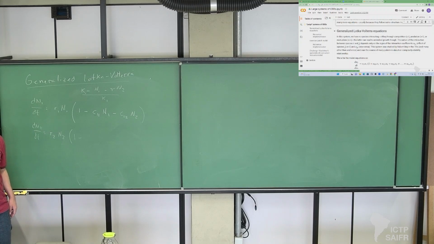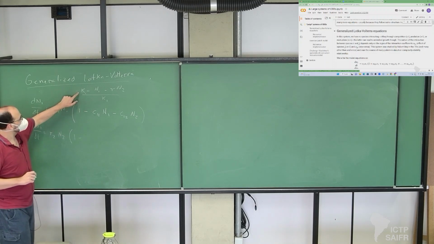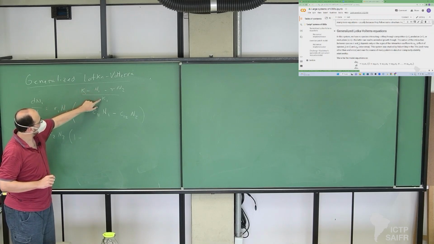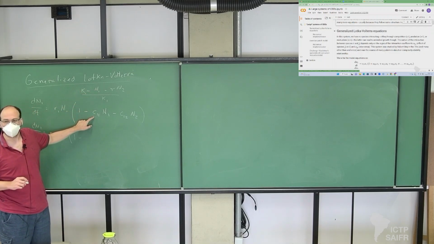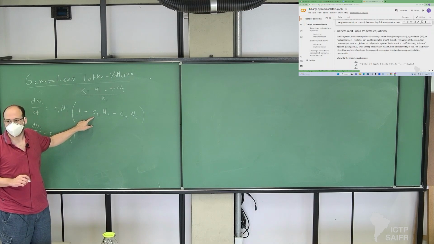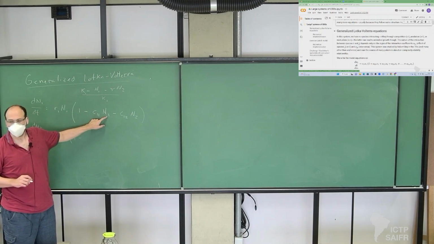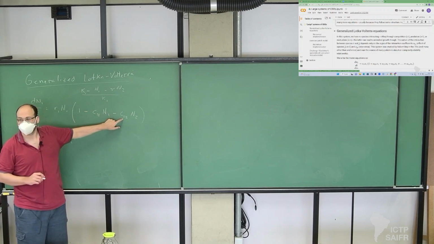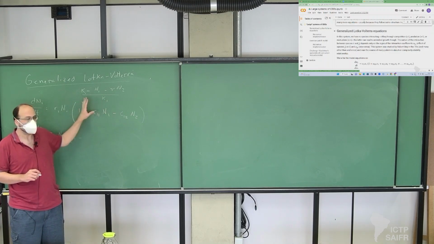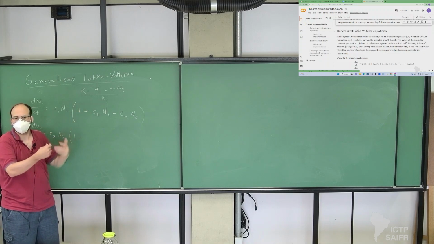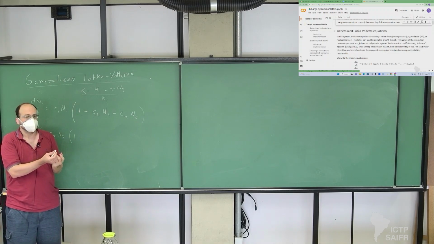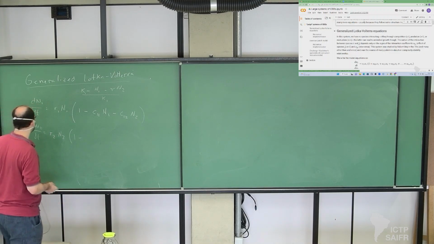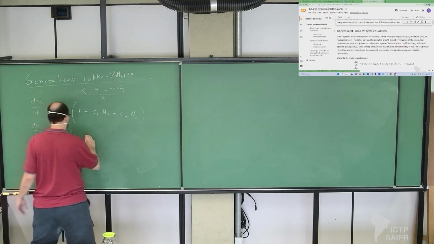But then K1 over K1 is 1, and 1 over K1 is C11. So C11 is the inverse of the carrying capacity of the N1 population. And alpha divided by K1 is C12. So it's pretty much the same, I just changed the way I call the constants. Clear? Okay. And then we can do this also for the second species.